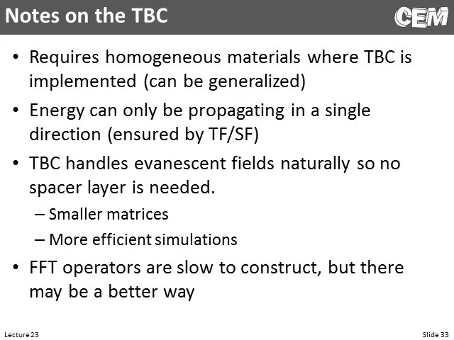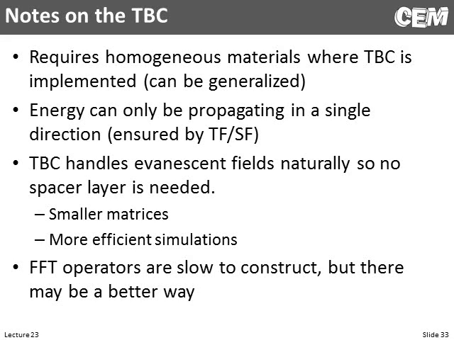As I mentioned, this transparent boundary condition handles evanescent fields perfectly, so we don't need the spacer regions. In fact, when you have zero spacer regions, the grid could be so small that you may actually want to add that back in just to visualize your fields better. We're going to construct a matrix operator, sort of like what we did for derivative operators and convolution matrices.